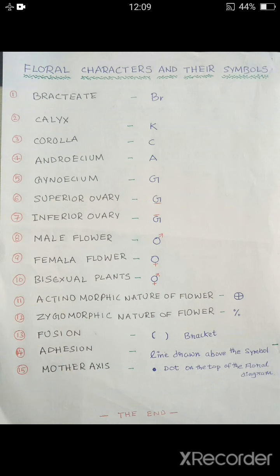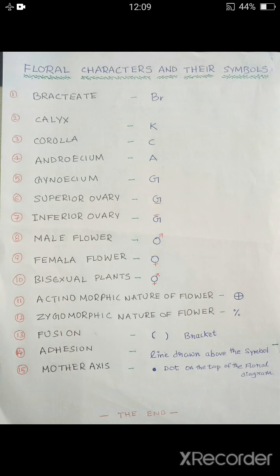Next, the eleventh one, actinomorphic nature of a flower. Actinomorphic nature of a flower is indicated with a plus symbol inside a circle, like a hospital or clinic symbol. Hope you are seeing it on the screen.